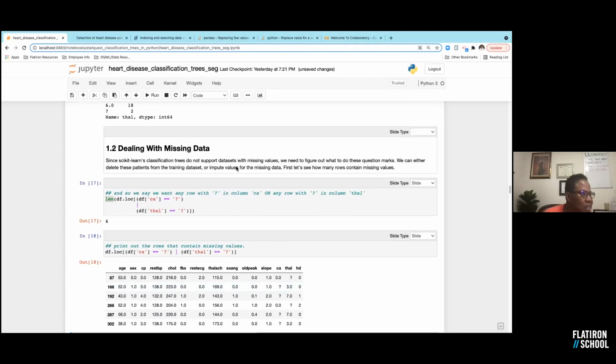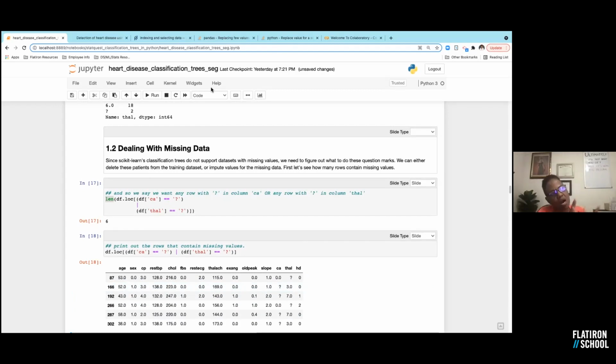Yes, that's correct, Ellen, 303. So if we have 6 rows out of 303, what percentage of our entire data set has an error? 2%, that's right. So we could easily just delete that, right?